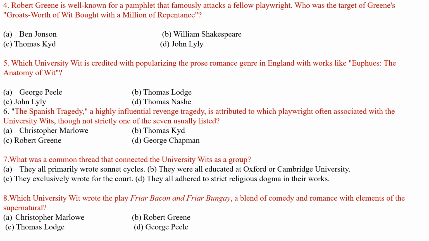Question 4. Robert Greene is well known for a pamphlet that famously attacks a fellow playwright. Who was the target of Greene's Groats-worth of Wit Bought with a Million of Repentance? He was a well-known pamphleteer.